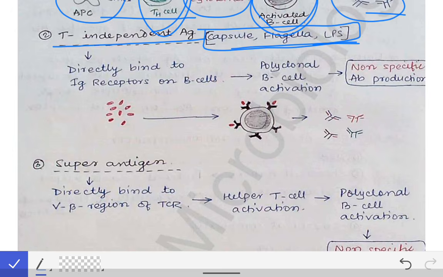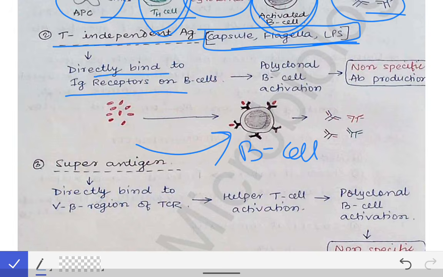They directly enter the headmaster's room and try to get their documents signed by the headmaster. So see here what they are doing. They directly bind to the immunoglobulin receptors on the B cells, and as these antigens directly bind to the B cells, the B cells get polyclonally activated and produce non-specific antibodies.